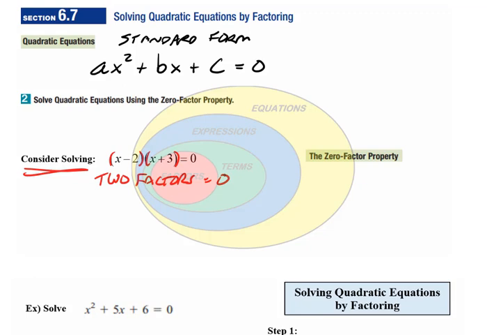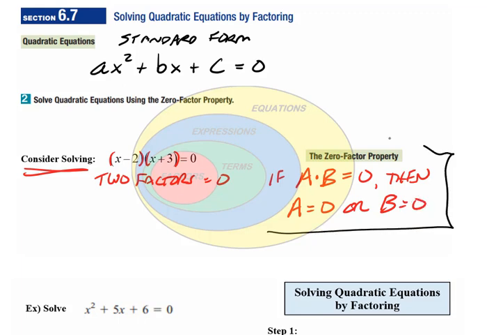And so the only way that can happen, if we have, say, just a multiplication, a times b equals 0, well, the only way I can multiply two numbers to get 0 is if one or the other factors is 0. So if you think of multiplication, the only time I can get 0 for an answer when I multiply is if one or the other factor is 0. And we're going to use that idea to solve these types of problems.